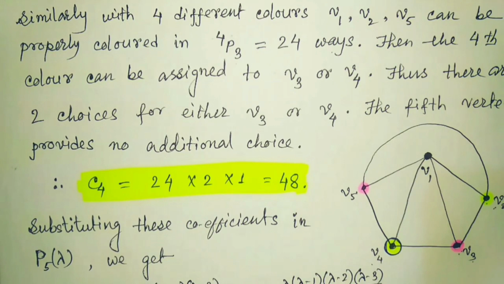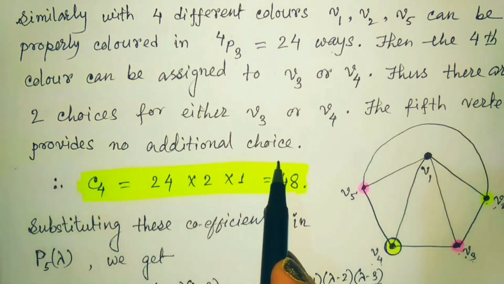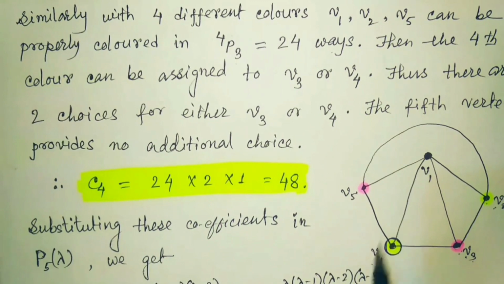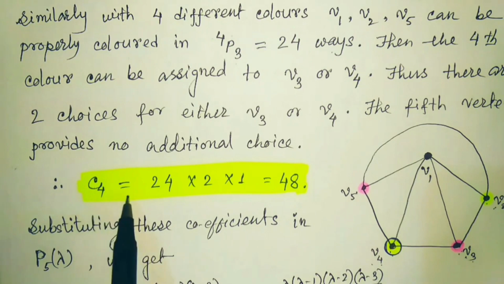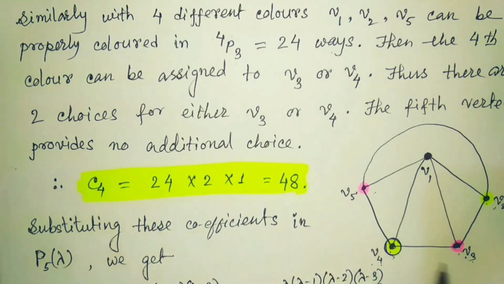So a total of 2 colors are left to color the vertex V4, and the same for V3 also. So the 5th vertex provides no additional choice. Among these 2 colors, if we put one color in V4, then for V3 we have only one choice left. So accordingly, we can say that C4 should be 24 for coloring these 3. Then 2 is the number of colors for coloring V4 and one color is left to color the remaining vertex.